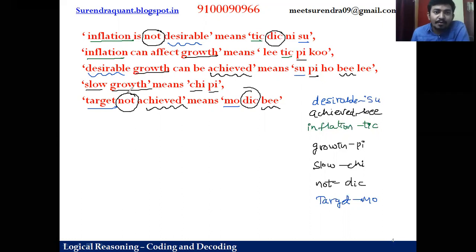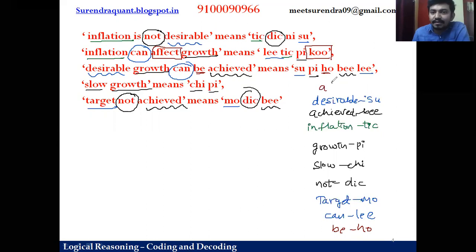Okay. Now, can you see in the third one, can is present, can is present. So what is a common word? You have lee, right? So that means we can decode can as lee. Now, let us go for the next statement. Now, the only word is B here, and the only decoded is ho. So we can write B as ho, right? And can you say effect is the only word left in this, and the only decoded word left is ku.